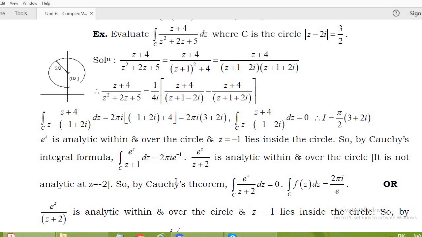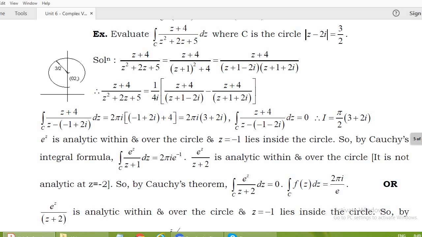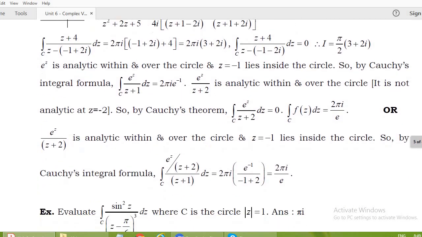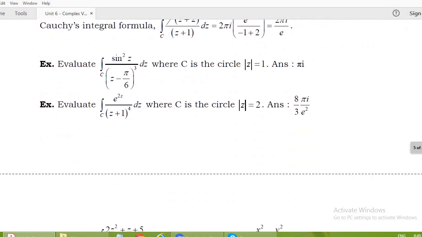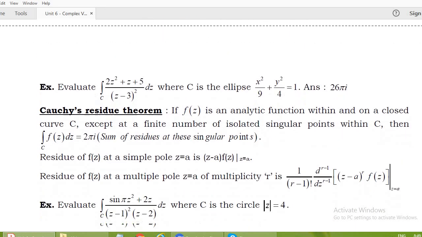Everything is clear. We have already solved some problems on this, and the same problem can alternatively be solved. You can press the pause button and see till you are convinced. So these are additional problems with answers. You can try these problems also.